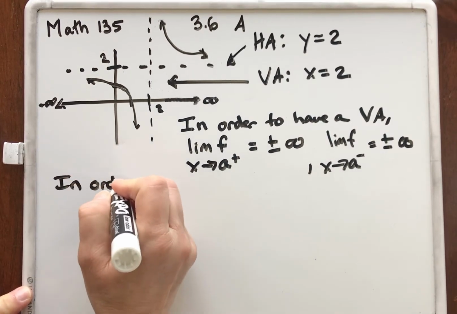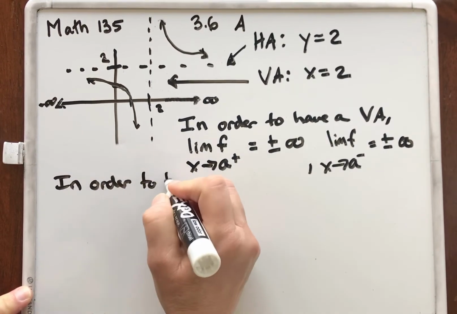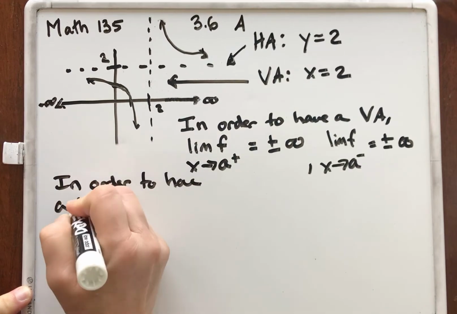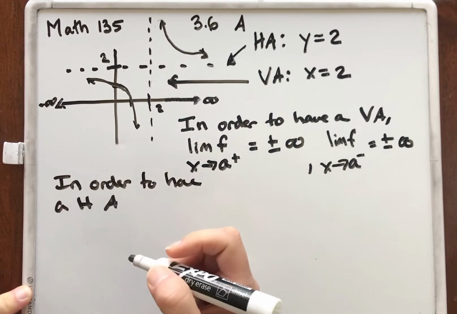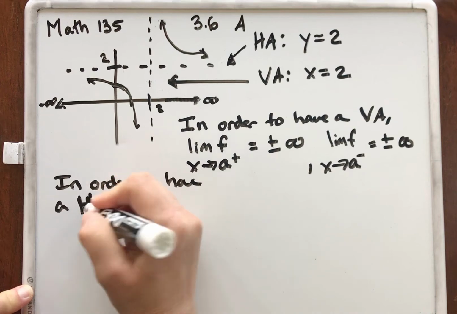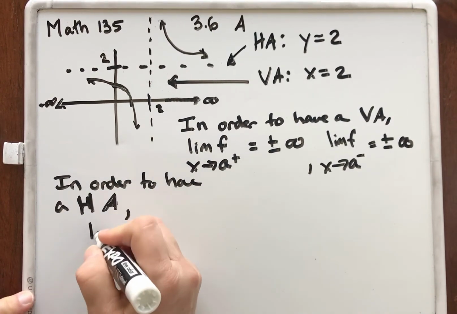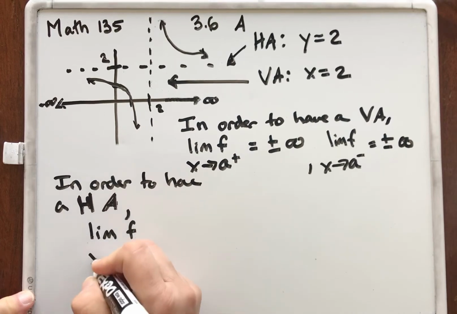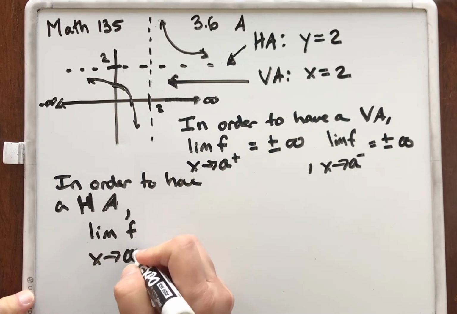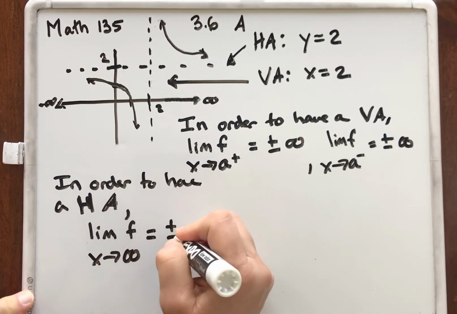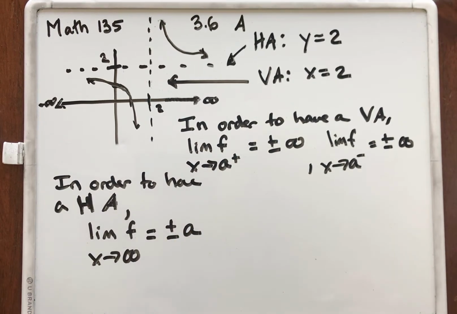In order to have a horizontal asymptote, okay, the limit of f as x approaches infinity equals plus or minus a, some number.